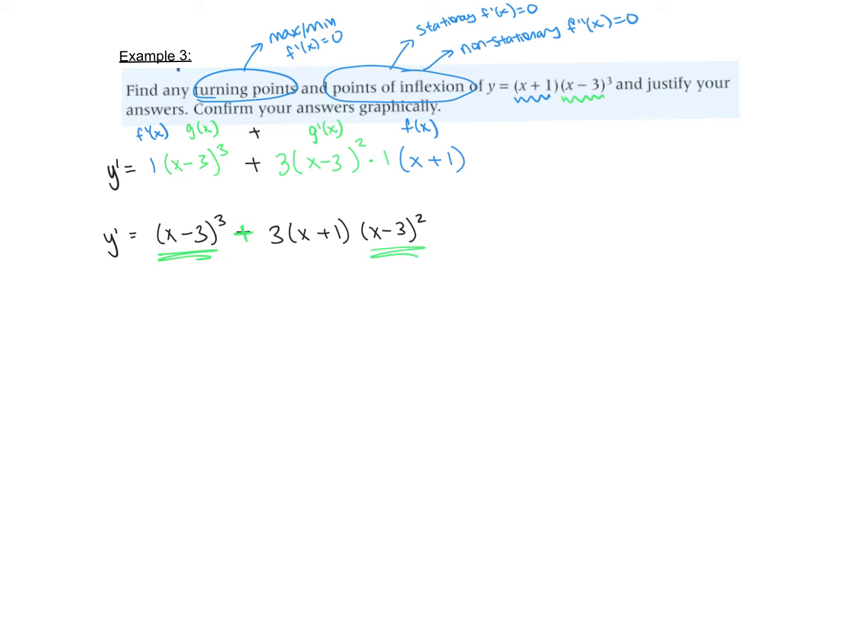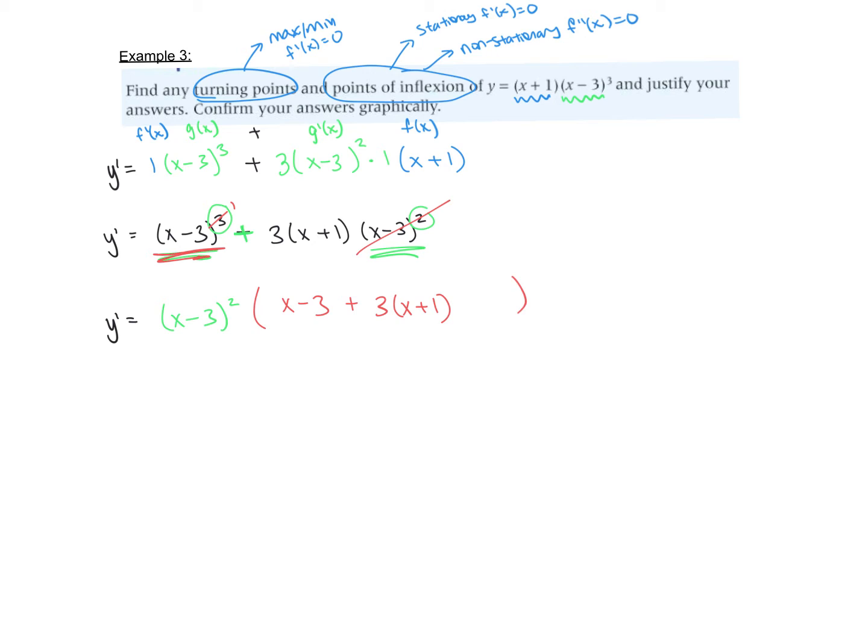We have 3 of them here and 2 of them here, so the most that we can divide out are 2 of them. So I'm going to factor out (x - 3)^2. In the first term, when I take out 2 of them, I'm left with 1 of them, so x - 3. And in the second term, I'm left with plus 3(x + 1). We're factoring out the greatest common factor, okay?